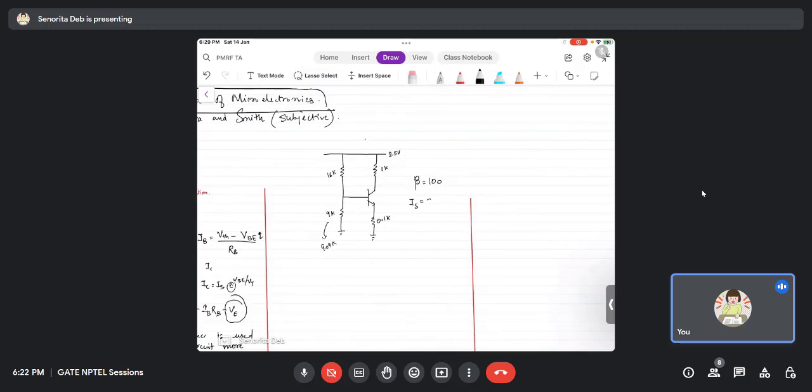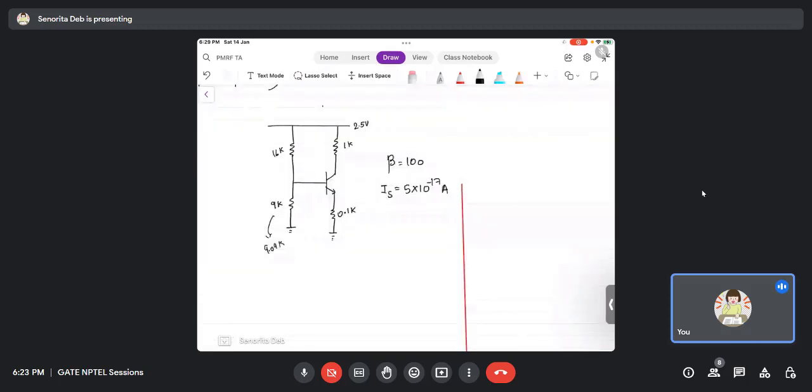Always remember that mostly in questions IS is given in amperes, and that's where you can mess up. In GATE also that can happen. Because when the circuit is in kilo ohms and volts, all the answers will keep on coming in milliamperes, and if IS is in amperes, you might make a mistake there. So be very careful. Otherwise in a numerical answer type it will mess you up.